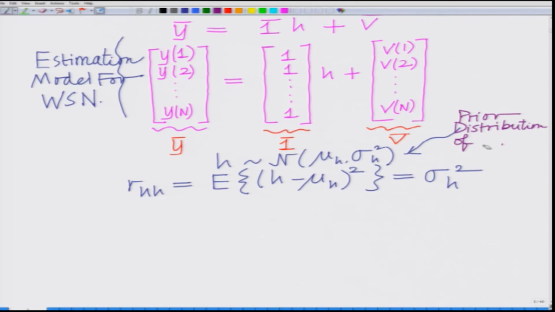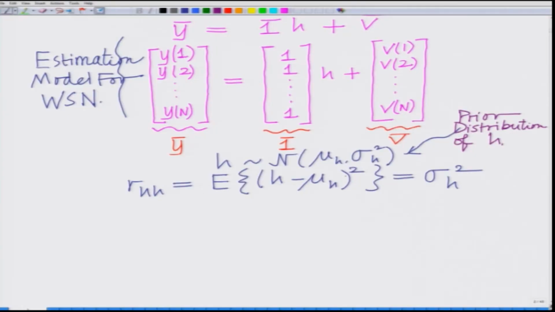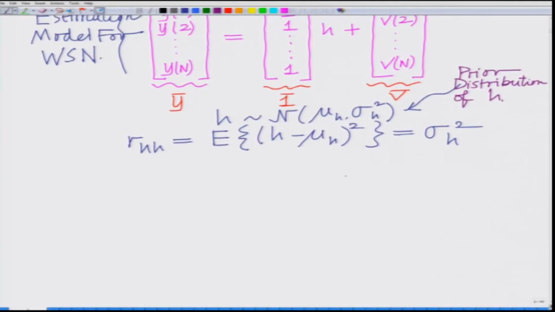This is the prior distribution of the parameter h, where the parameter h is assumed to be Gaussian with mean mu h and variance sigma h square. Okay. And therefore, RHH is the expected value of h minus mu h square, which is sigma h square.